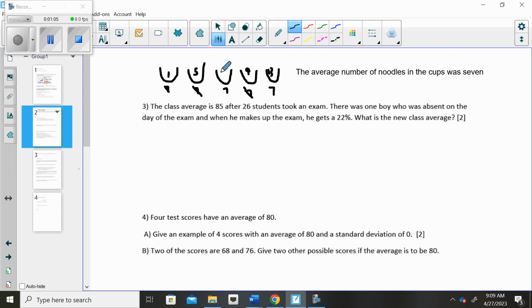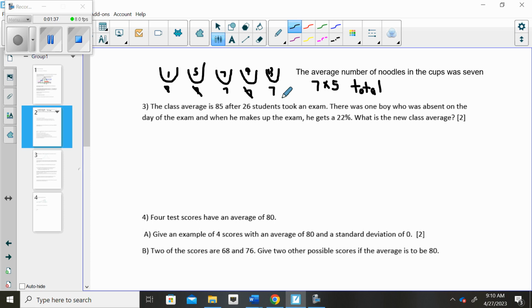Okay, but however the noodles were distributed, we knew if there was an average of 7 in 5 cups, we knew that there had to be 7 times 5 total noodles. Okay, we don't know how it's distributed, but we knew that the total number of noodles in those cups had to be 35.